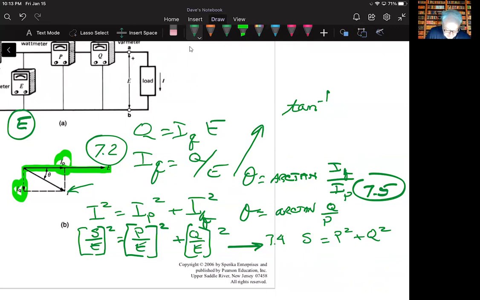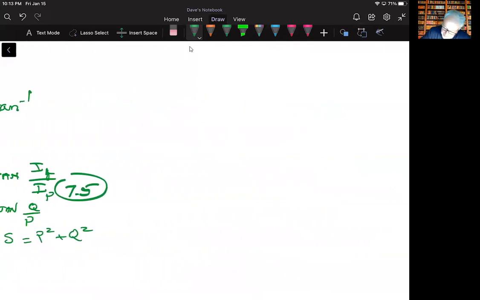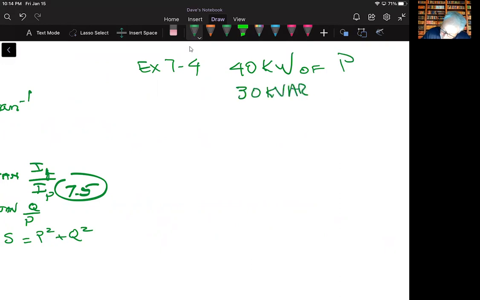So let's try something here. The first simple power problem that we'll do will be example 7-4. And then we'll make another video for 7.5 and 7.6. He says in 7.4 that I have an AC motor and it absorbs 40 kilowatts of active power and 30 kVAR of reactive power.